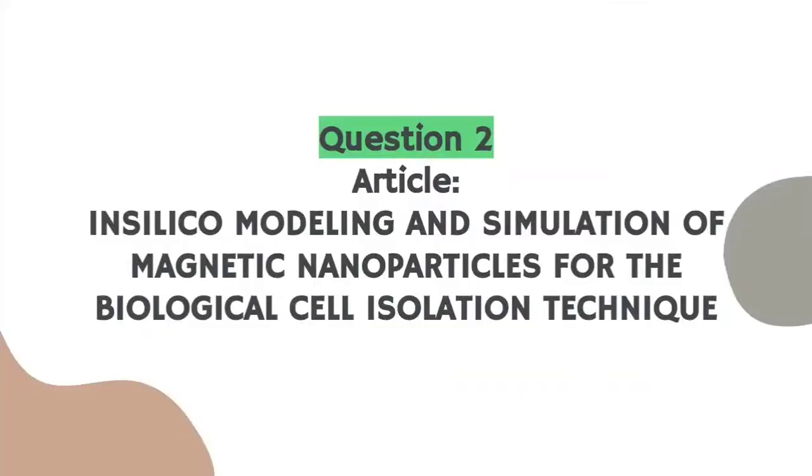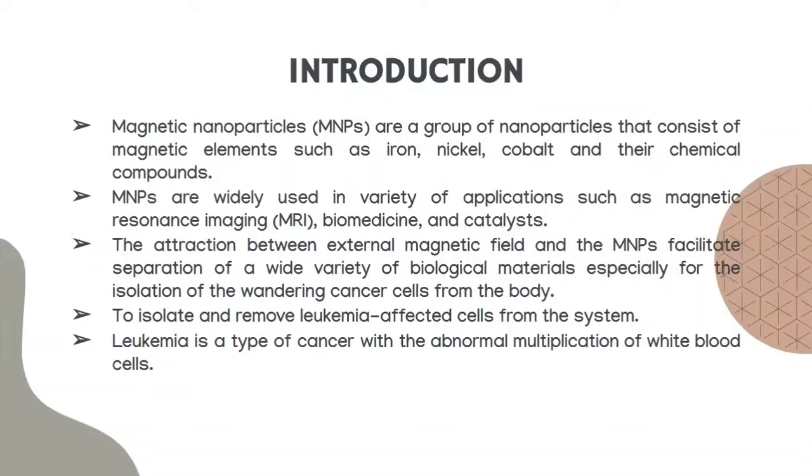Okay, for question 2, it comes from the article "In silico modeling and simulation of magnetic nanoparticles for the biological cell isolation technique." For the introduction, magnetic nanoparticles are a group of nanoparticles that consist of magnetic elements such as iron, nickel, cobalt and their chemical compounds.